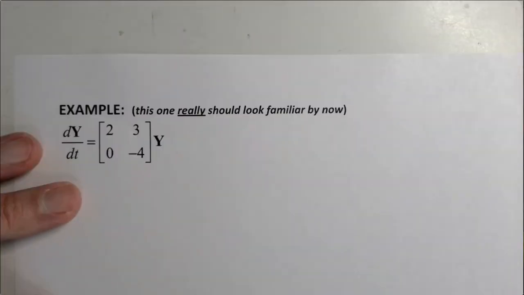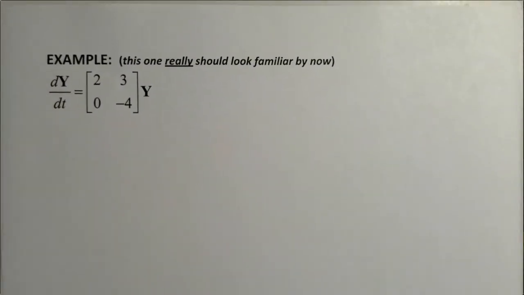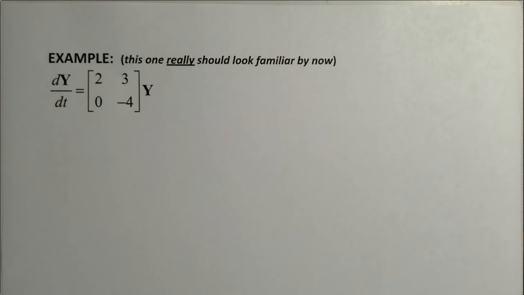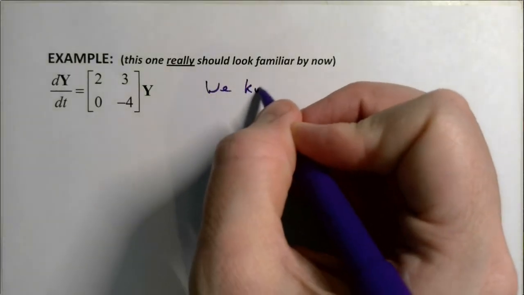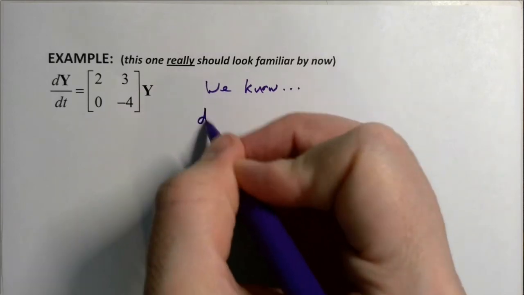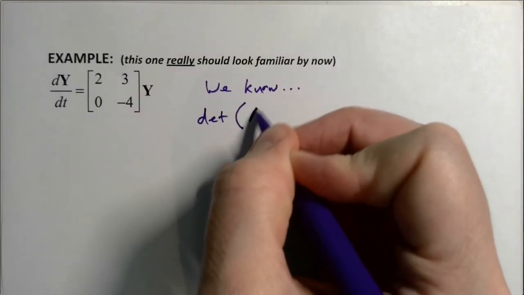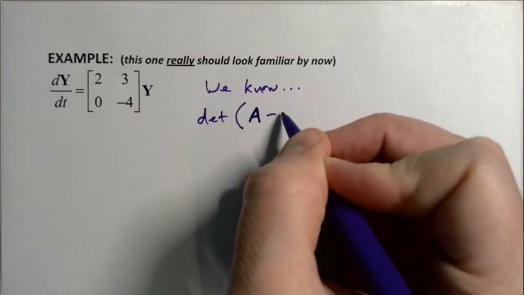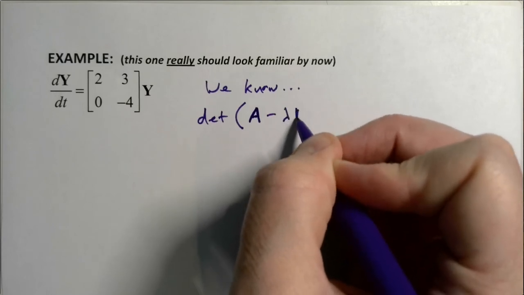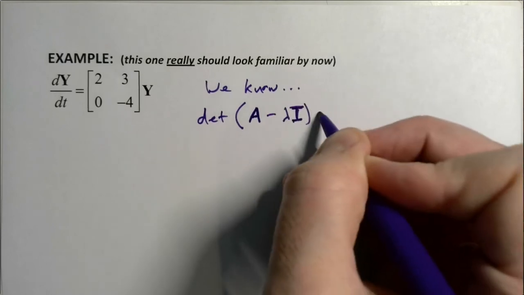So on the next page, one last time, we're going to take a look at our friendly, practically memorized example by now. You've seen this so many times. It's crazy. And if you remember, at this point, we know that the determinant of its modified coefficient matrix, A minus lambda times I, equals 0.